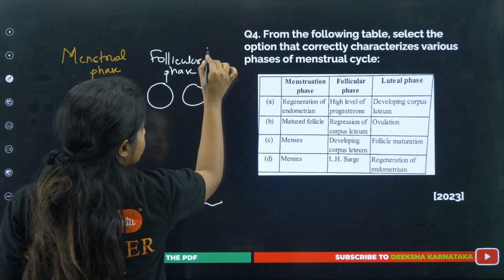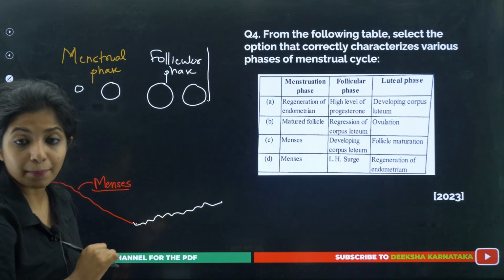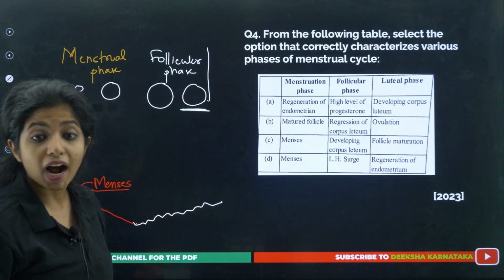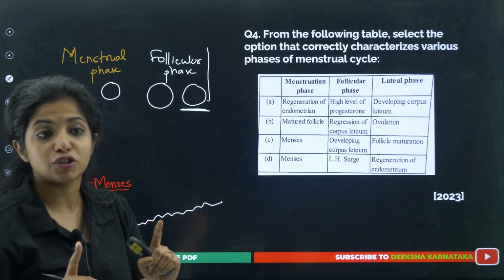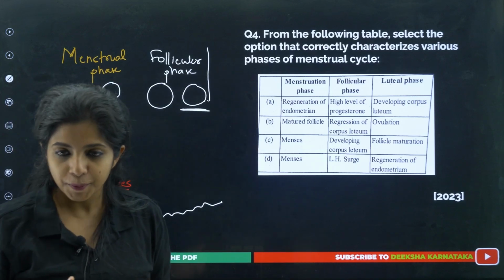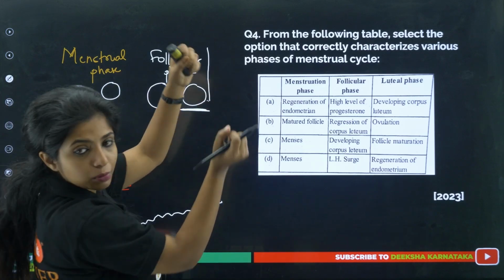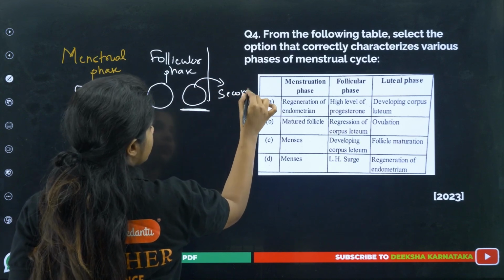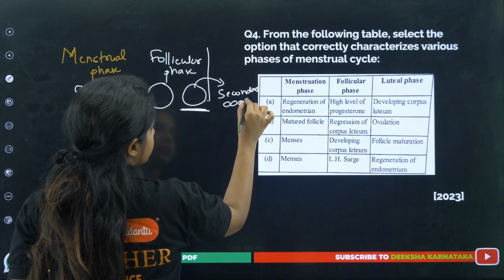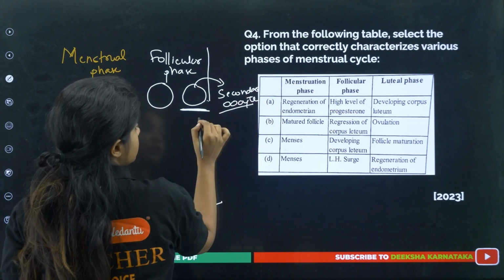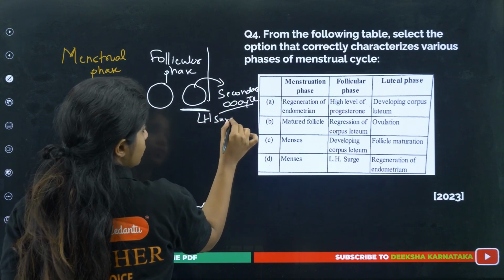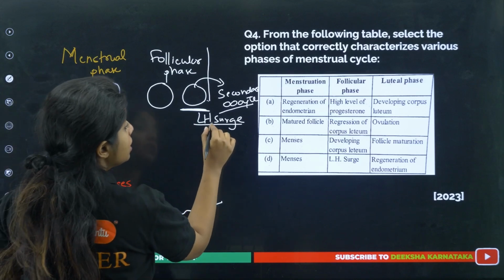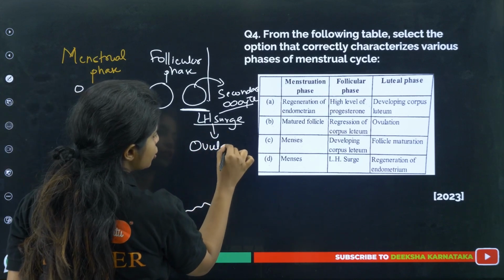Now at the end of the follicular phase, children, one particular follicle, under the effect of a hormone known as luteinizing hormone, will burst open and release the secondary oocyte. This process is known as LH surge, because luteinizing hormone is increasing way too much, such that you will find ovulation happening over here.